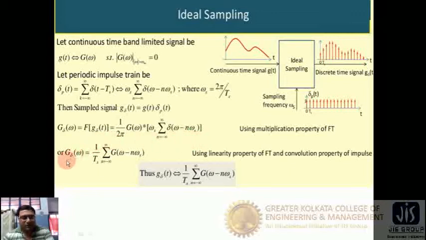We get the sampled signal, and if we convert it into the time domain, we get the discrete time signal. In this way, the output of the sampling is generated with the help of the mathematical representation.